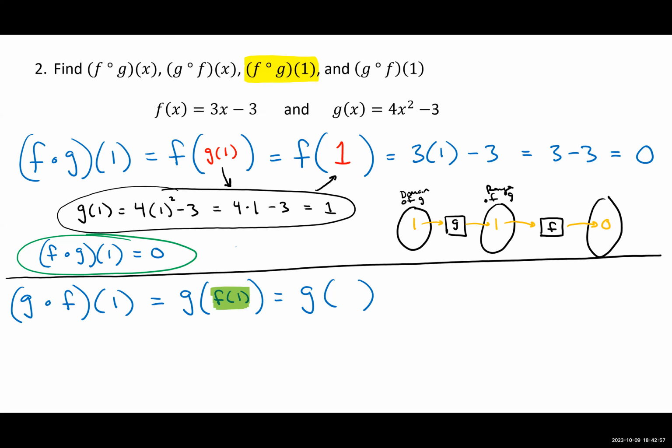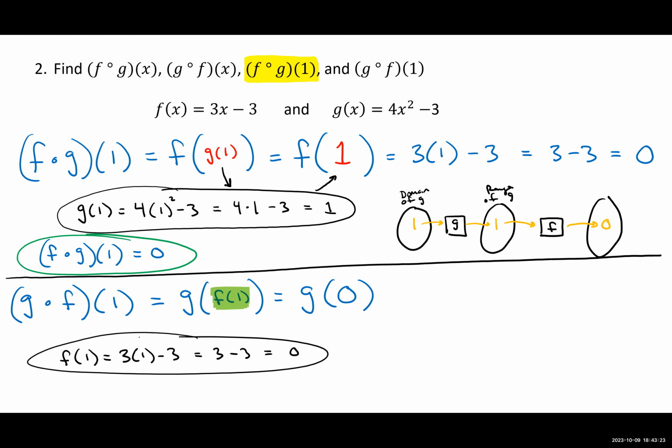Well, let's plug 1 into the f function. That'll give us 0. We replace the x, so I'll use the same color as before. F of 1 is, instead of 3x minus 3, it's 3 times 1 minus 3, which is 3 minus 3, which is 0. So that was like step 1.